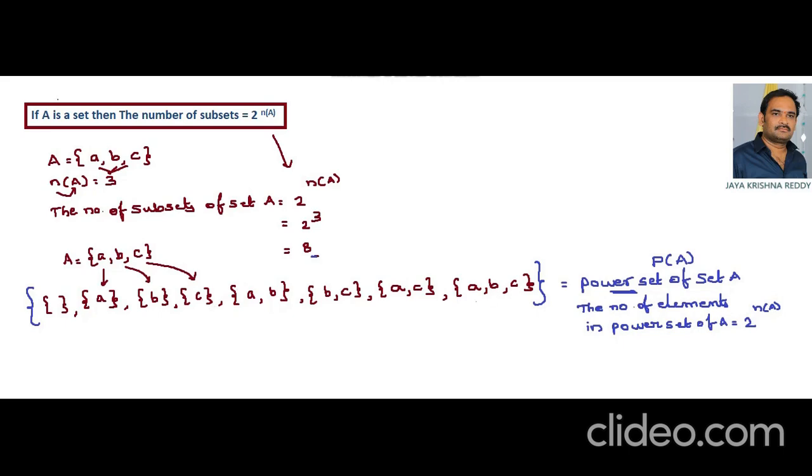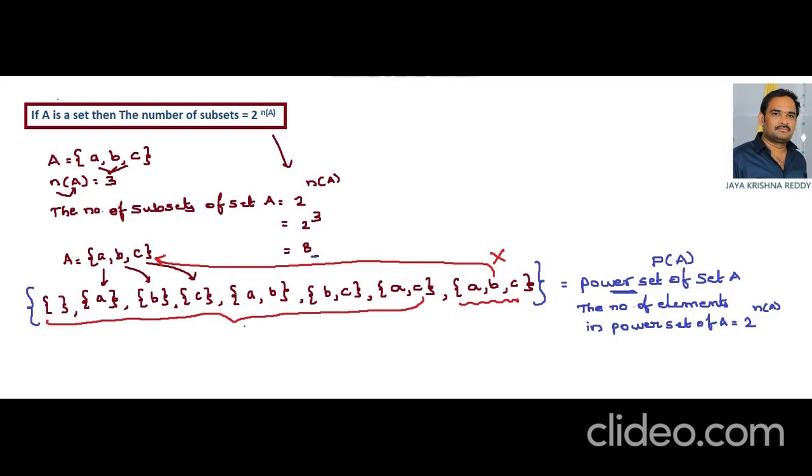And if you observe, from the 8 subsets, one subset is exactly equal to the given set {a, b, c}. So other than this subset, the remaining 7 subsets are called proper subsets.